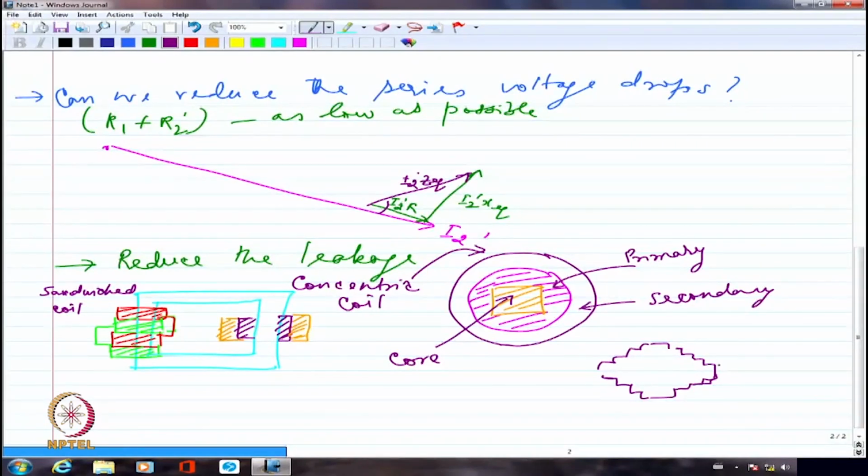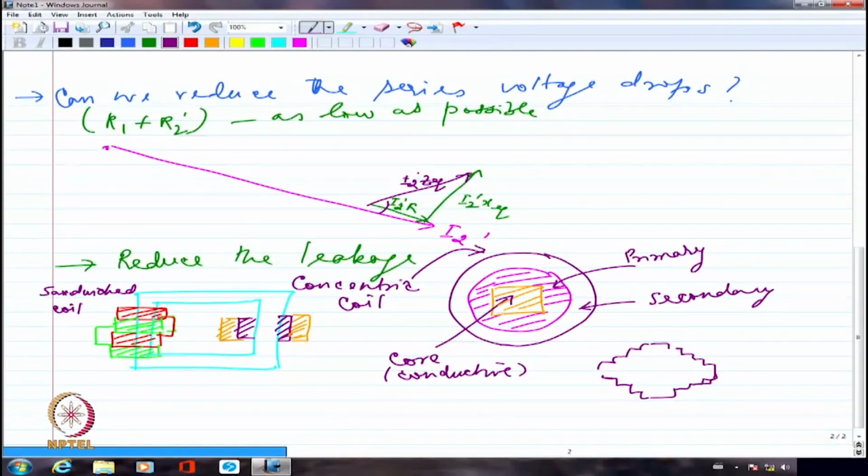Now, please note that the core is also conductive, or it is metallic. And the primary and secondary coils, definitely they are made up of copper. They are also conductive. We will put insulation around them, no doubt.